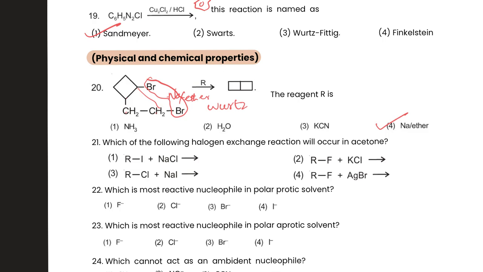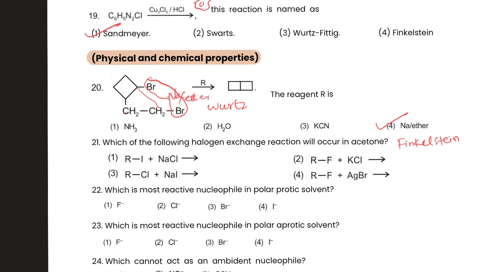Next, which of the following halogen exchange reactions will occur in acetone? Generally we know the Finkelstein reaction takes place in acetone solvent. In the Finkelstein reaction, an alkyl halide, generally chloride or bromide, reacts with sodium iodide.